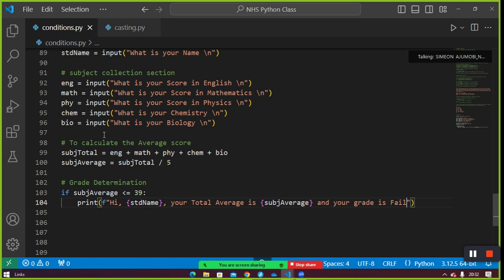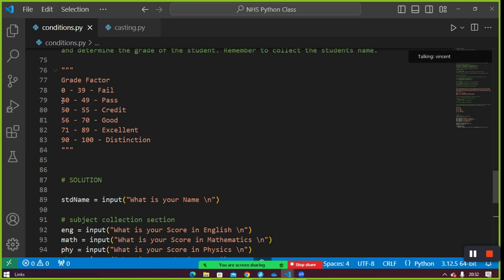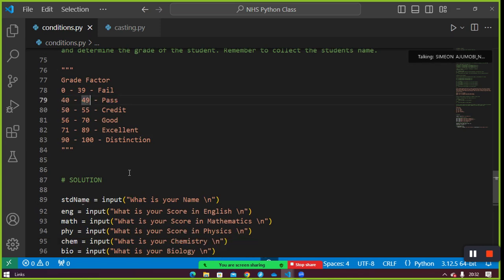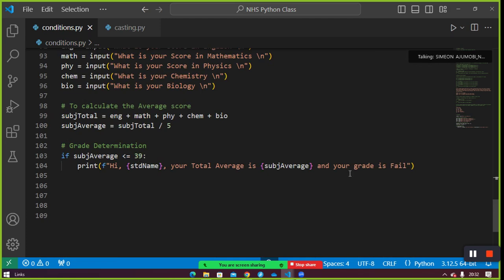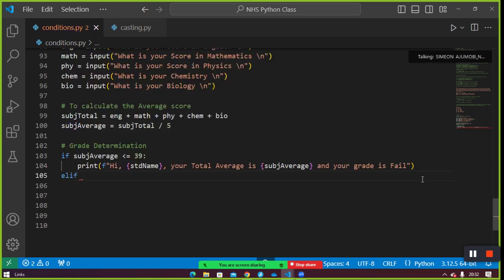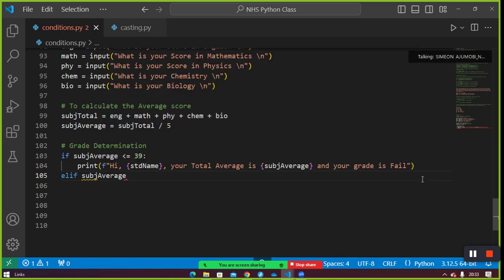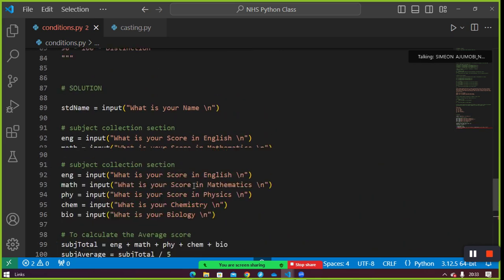Then I'm going to be repeating this, but let's go. Now what is the next statement? 40 to 49, then we're going to be working on 49 lesser than up to 39. So we're going to be saying else if subject average is lesser than or equals to, what is the next one?